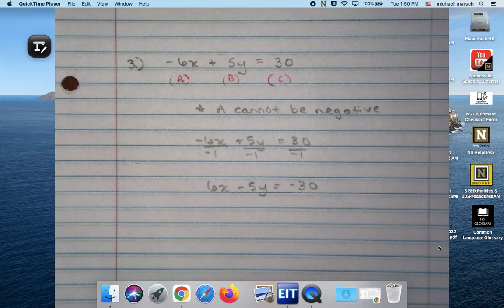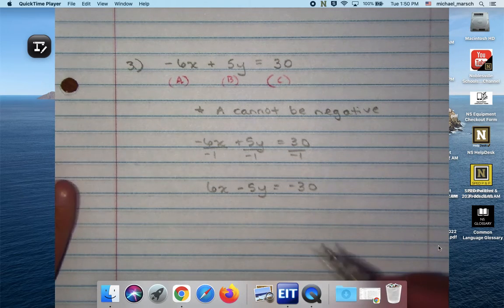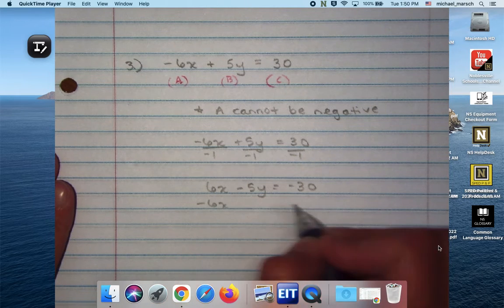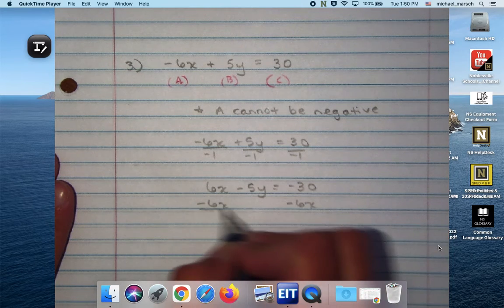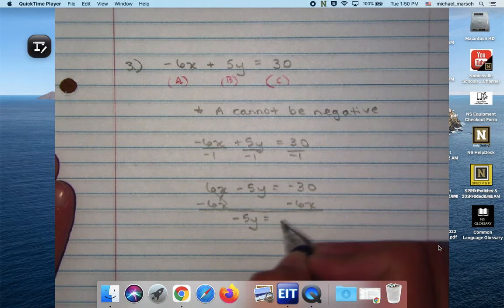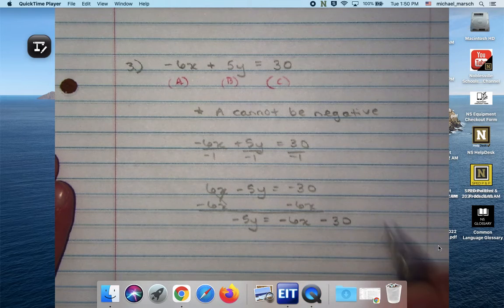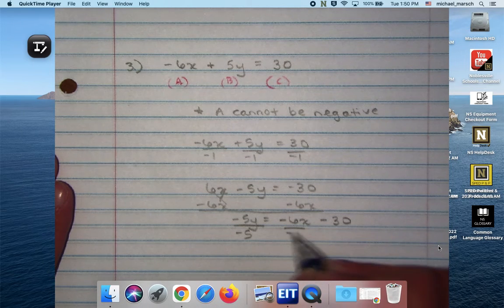And now I can change it into slope-intercept form. If you don't do that, you're going to end up with the wrong slope and the wrong y-intercept. So now I can subtract 6x from both sides. Divide by -5.